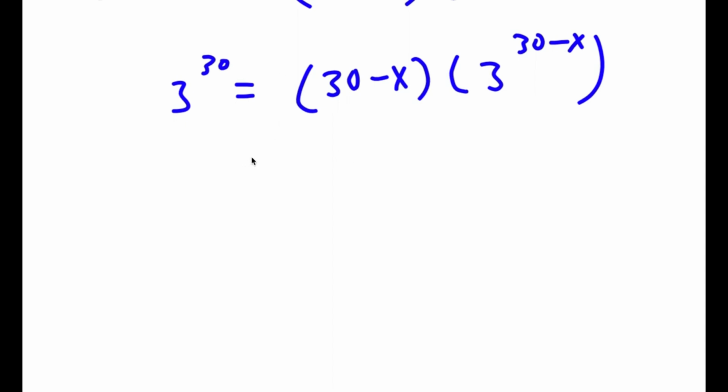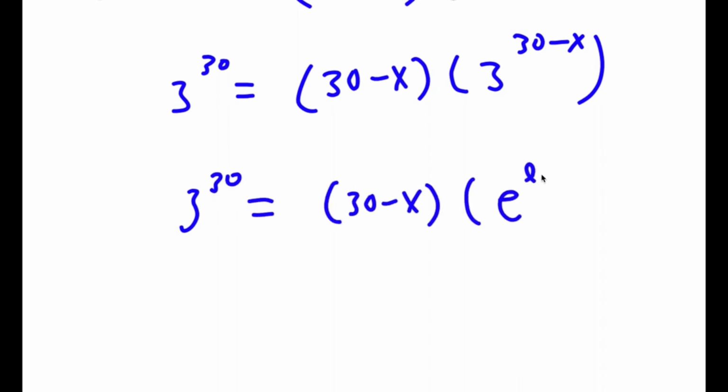So I'm going to write this as 30 minus x times e to the power of ln 3 times 30 minus x, because e and ln cancel out, so everything over here simply stays the same.